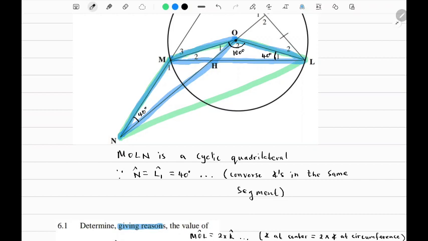The reason is the converse of angles in the same segment, since we are using the answer to prove that the quadrilateral is cyclic.